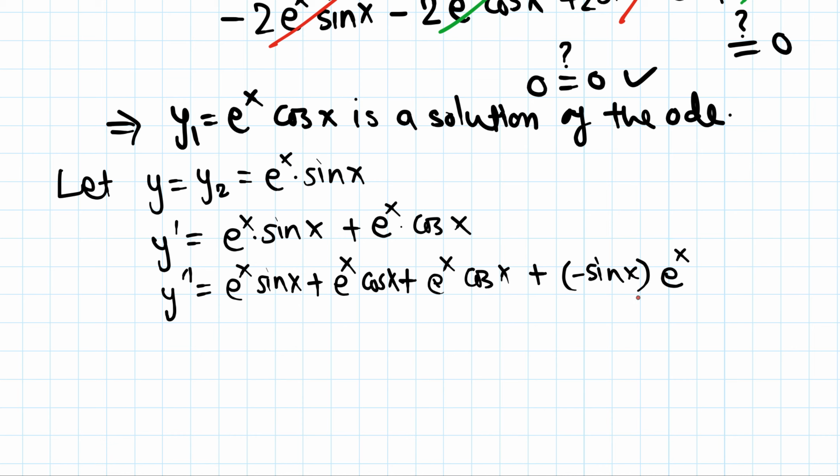If we look closely, e^x sin x minus e^x sin x cancel, and we can combine the middle two, e^x cos x plus e^x cos x, in fact two copies of e^x cos x.